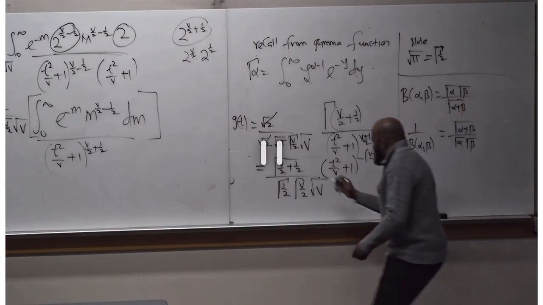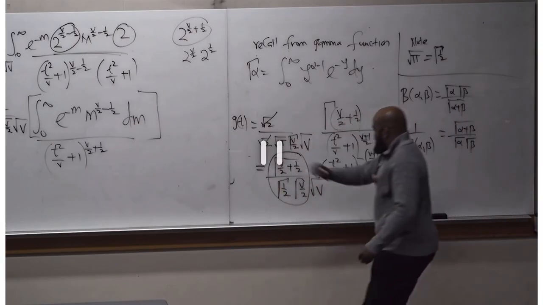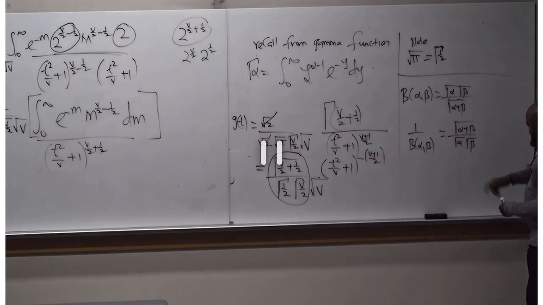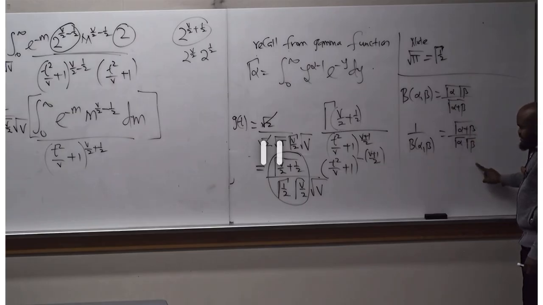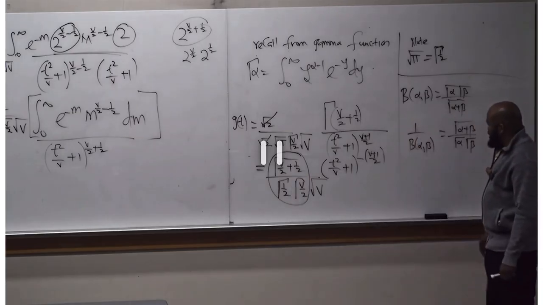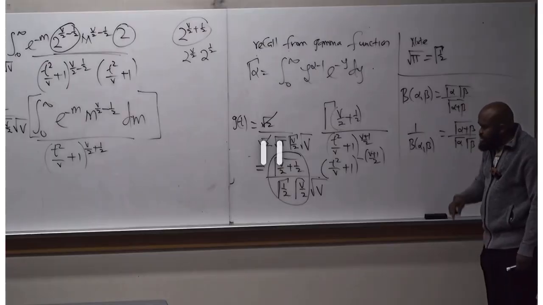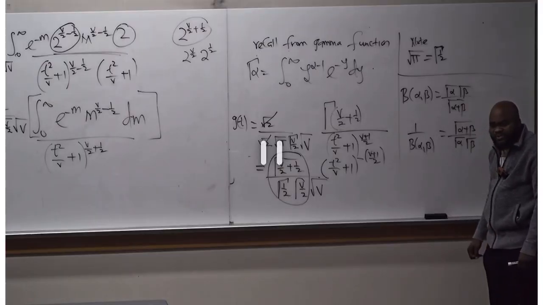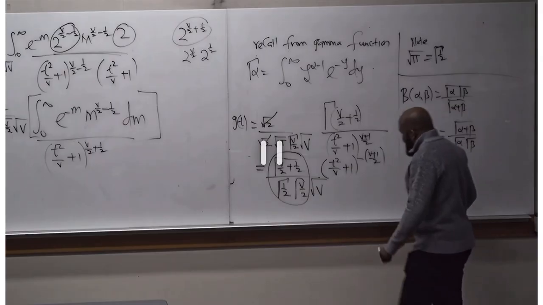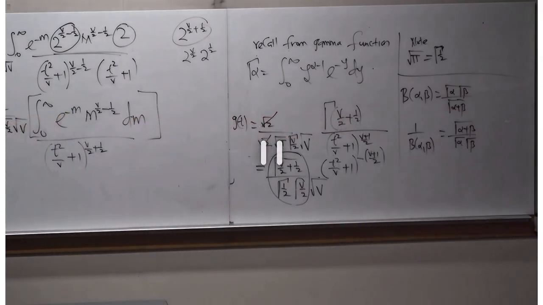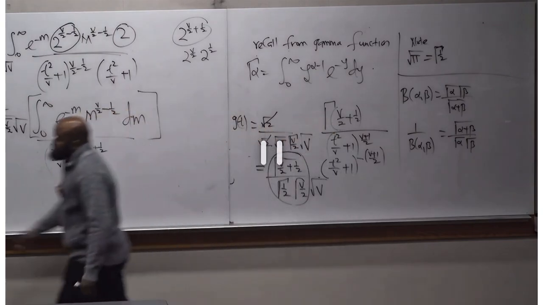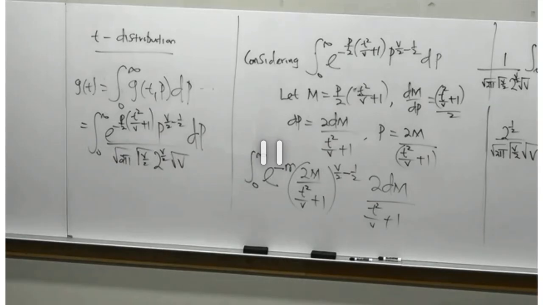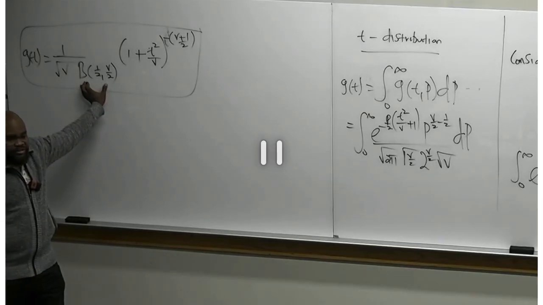If this equals this, and 1 over that is that, then this guy here is 1 over B of 1 over 2 comma v over 2. So finally, this is B of 1 over 2 comma v over 2.